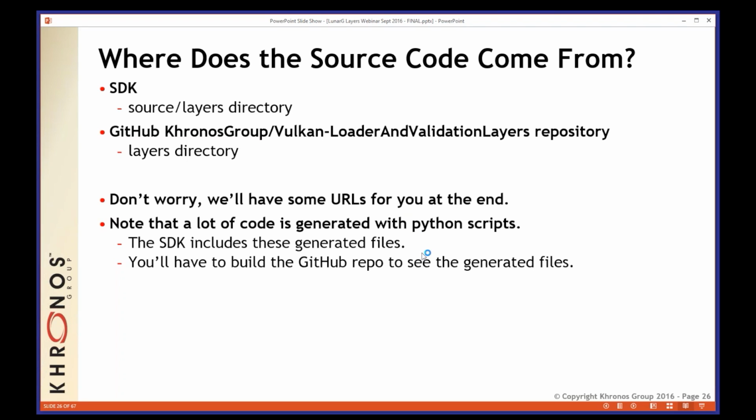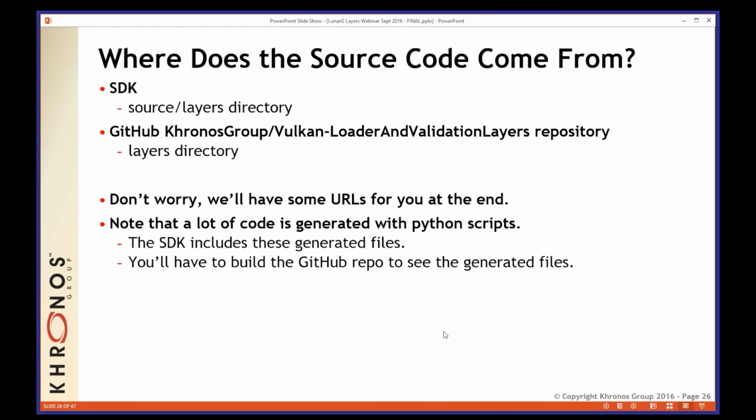One thing to keep in mind about a lot of this validation code is that it is generated with Python scripts. A lot of that's done for convenience because it's tedious to write out code for every API call. Also, there's a lot of information in the specification's XML file representation, which is leveraged to generate code as much as possible.